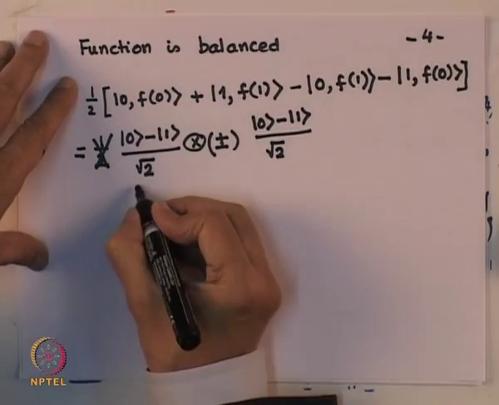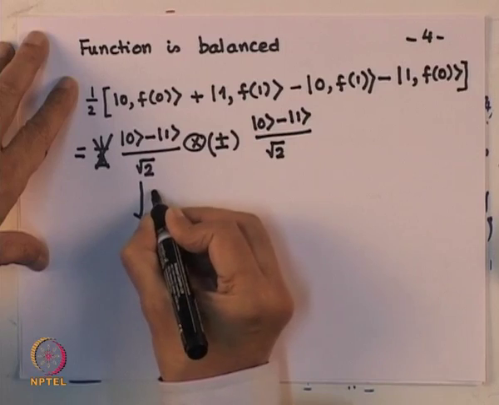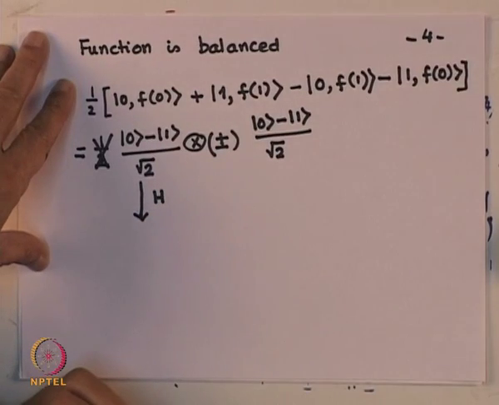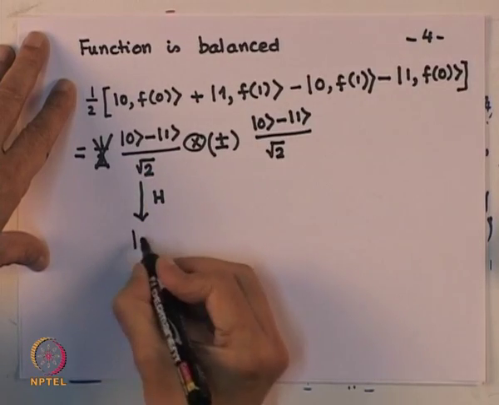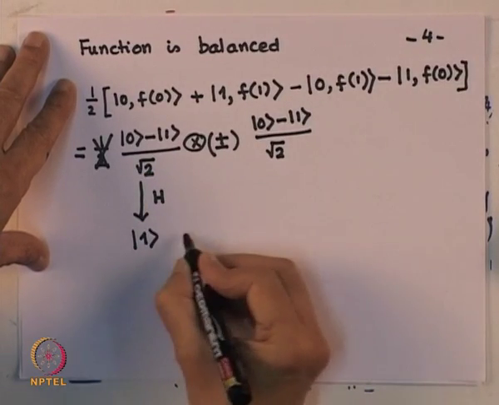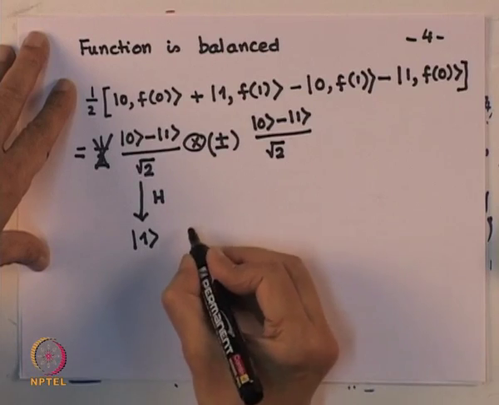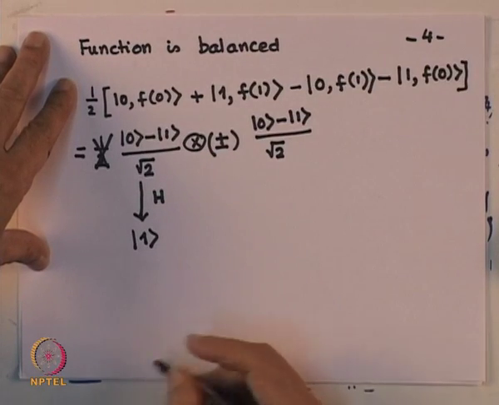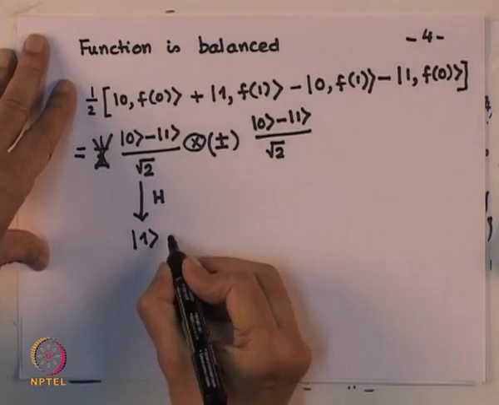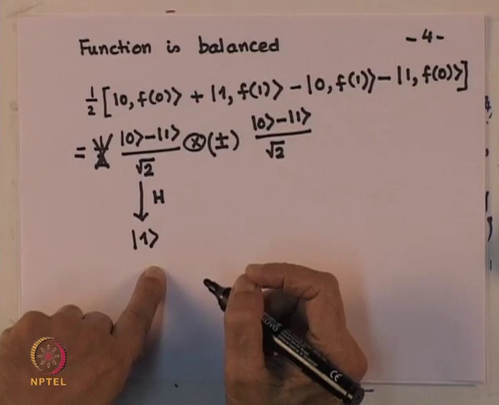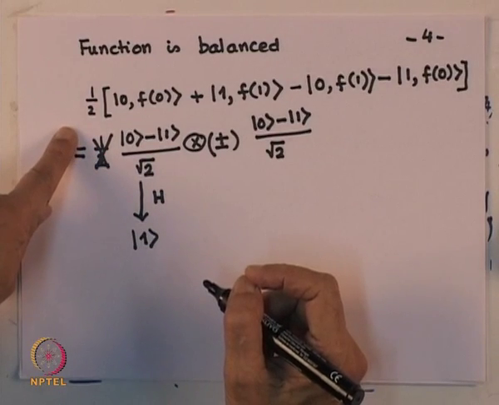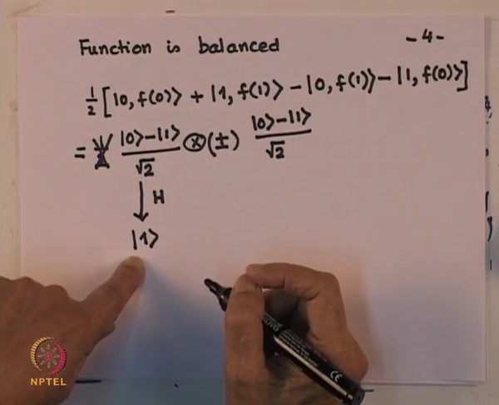Now look at what is happening if you pass this first register through a Hadamard gate. Since this is 0 minus 1 by root 2, this is 1. And of course, that second register retains whatever it was. So what it tells me is this, that if I now make a measurement of the first register and the function is balanced, I would get the result to be equal to 1.